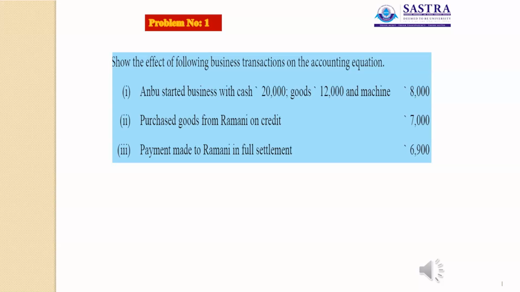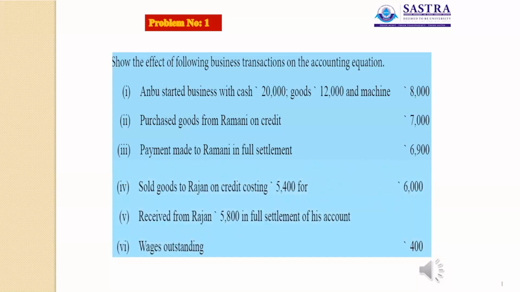Third: payment made to Ramani in full settlement rupees 6,900. Fourth: sold goods to Rajan on credit costing rupees 5,400 for rupees 6,000. Fifth: received from Rajan rupees 5,800 in full settlement of his account. Last transaction: wages outstanding rupees 400.